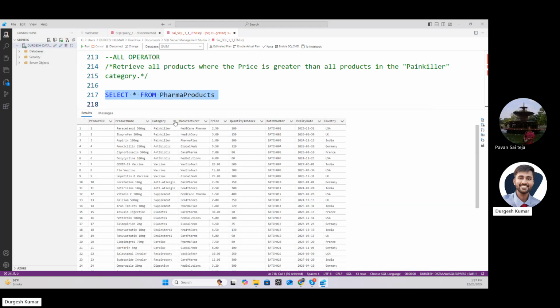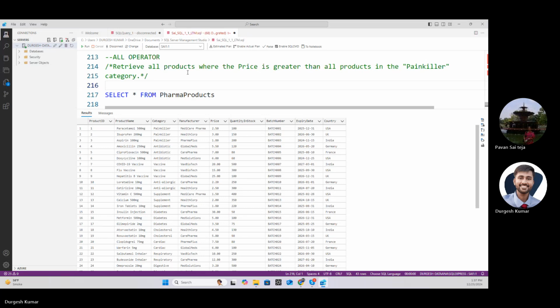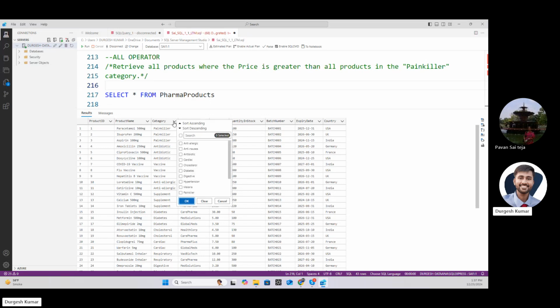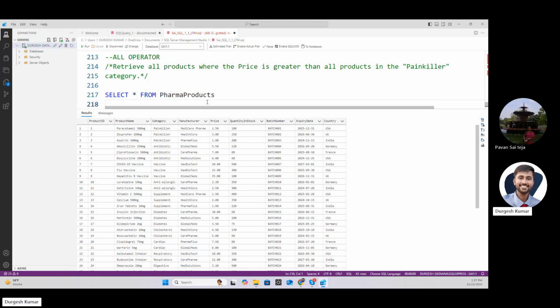So it's saying we need to find all the products whose price is greater than the price of the painkillers. So first, did you understand the question now or not? The question is saying we need to find all the products with a price greater than the painkiller price.